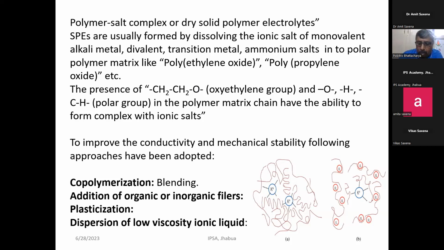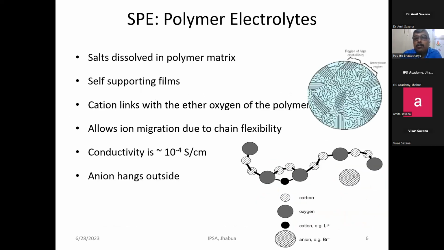So if there is a long chain of the polymer, then the ether oxygens, these gray balls in this figure, can allow hydrogen bonding of the cation like this. If, for example, we add lithium iodide in the polyethylene oxide, then this is the lithium ion that gets attached with the oxygen ion, and it starts hanging outside the chain.